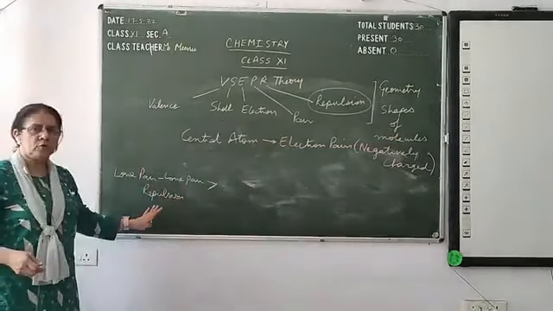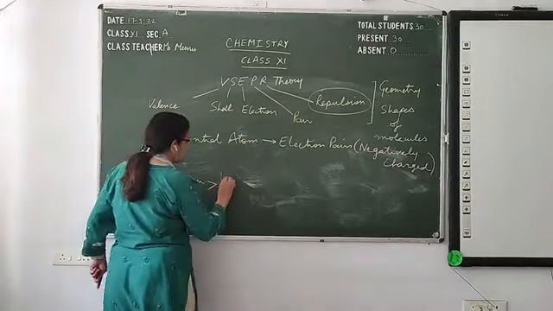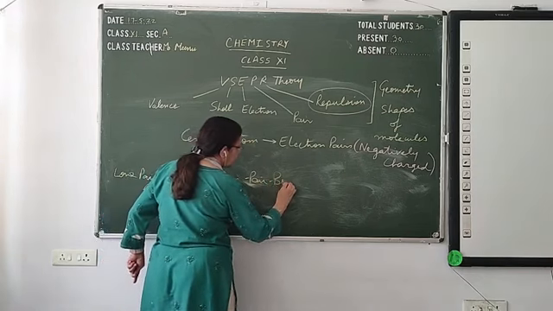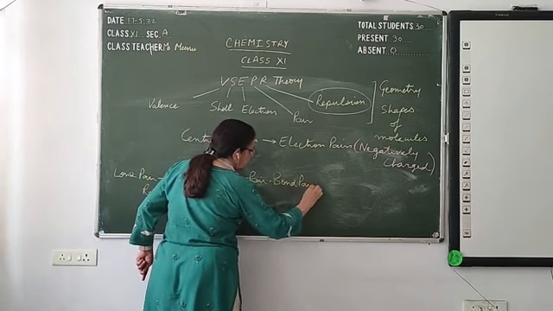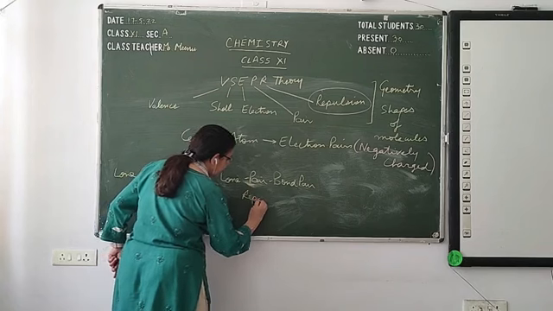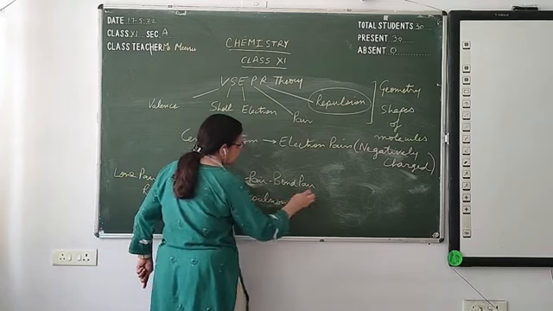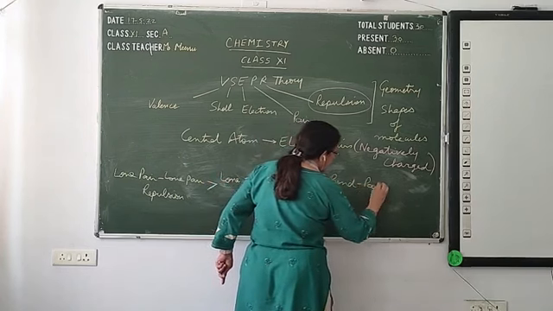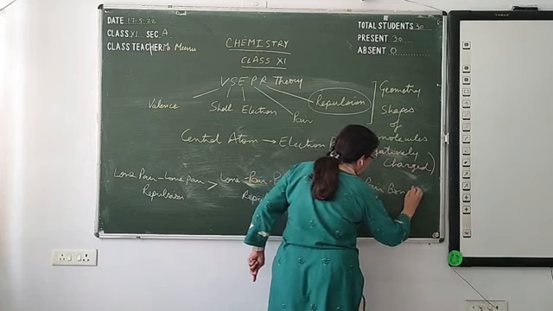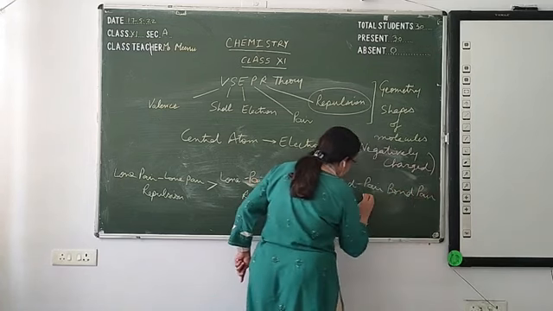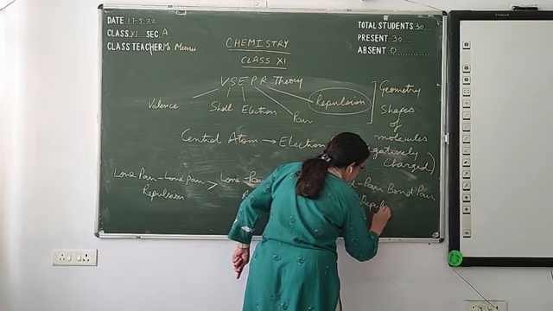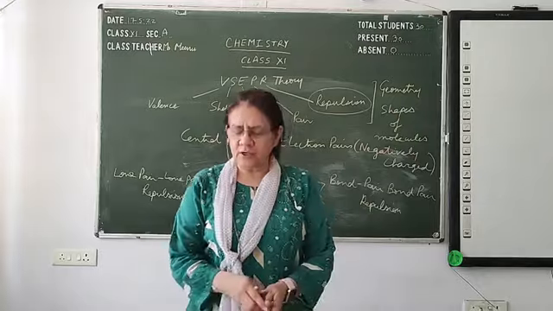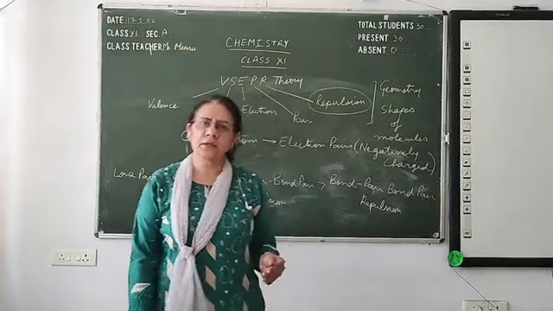So the lone pair repulsion will be greater than lone pair bond pair repulsion, which will be greater than bond pair repulsion.